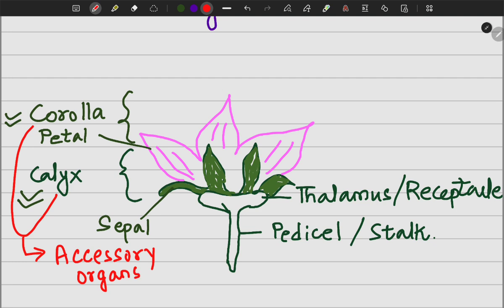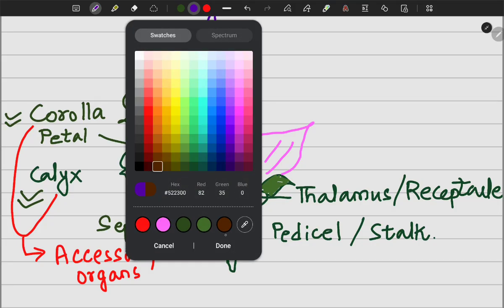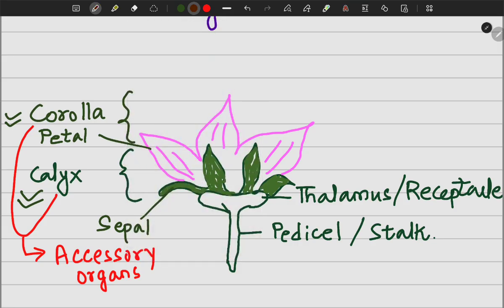Now let us look at the other 2 whorls which are actually the reproductive organs of the flower. So let us start with stamens, which is the male reproductive part of a flower.